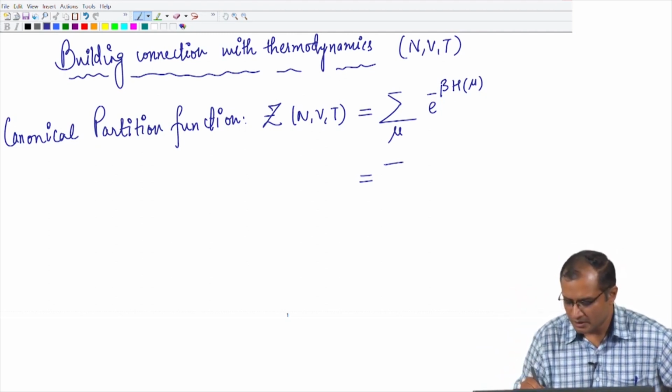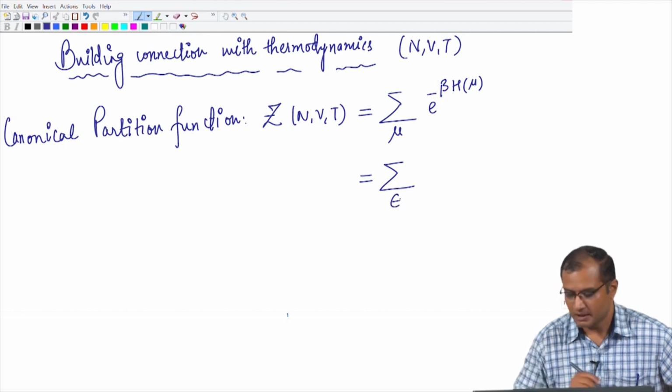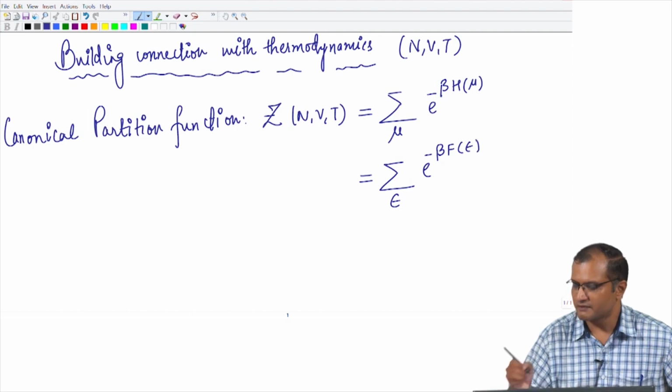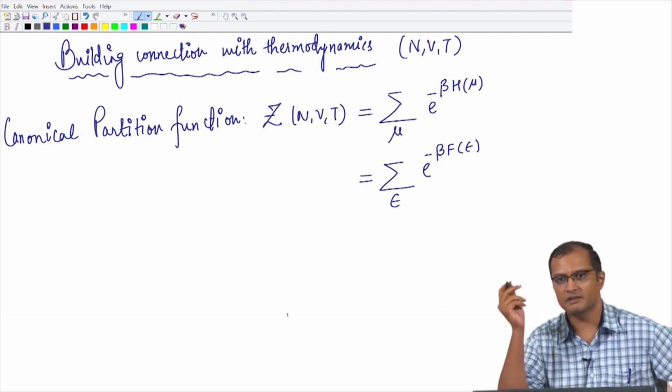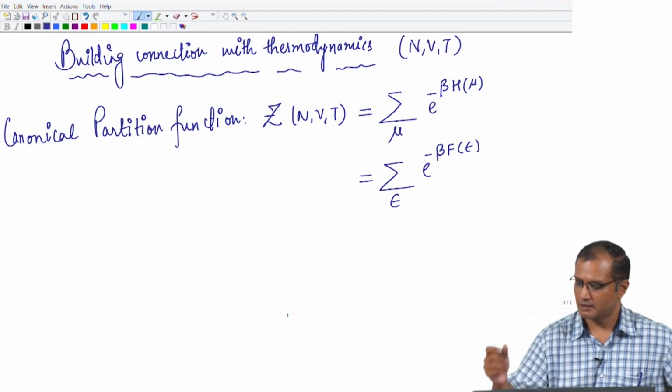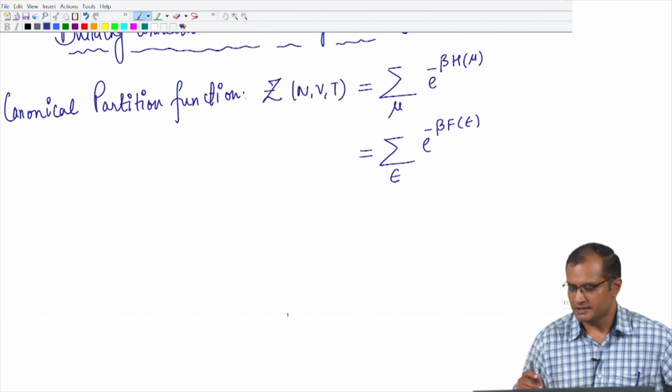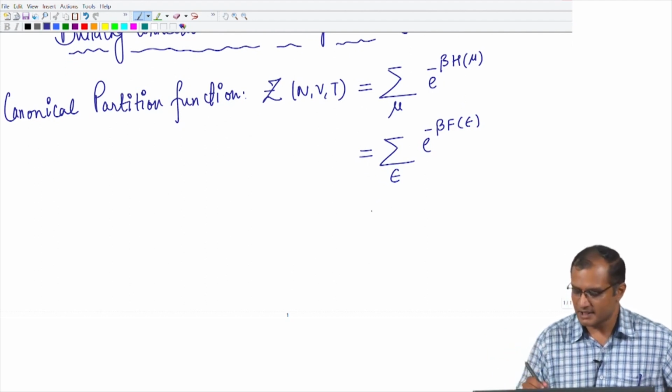So, we reduced it to the representation in terms of energy, and when you do that we observe that the Boltzmann factor is now in terms of the free energy, the function of energy E, free energy for the internal energy E. And we said that the summation involves a large number of energy states.